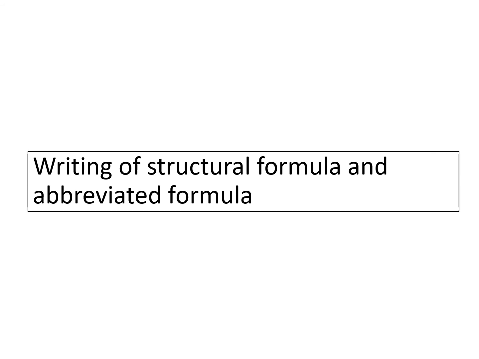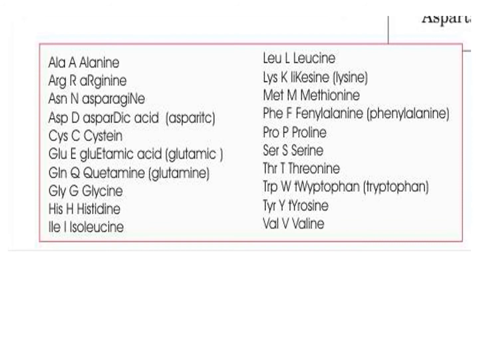Okay, now let's have the writing of structural formula and abbreviated formula of your peptides. In order for us to have the capability to name a peptide, we first need to remember the abbreviations for the names of the amino acids, because peptides are formed by combining amino acids.